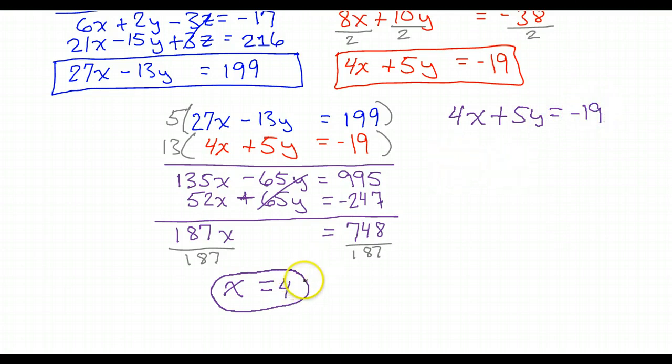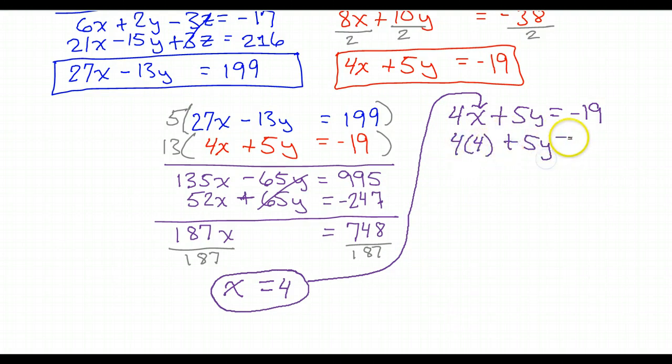But now we know that x is 4. So if I just take this and substitute it in, then that's going to give me 4 times 4 plus 5y is equal to negative 19. So that'll be 16 plus 5y is equal to negative 19.